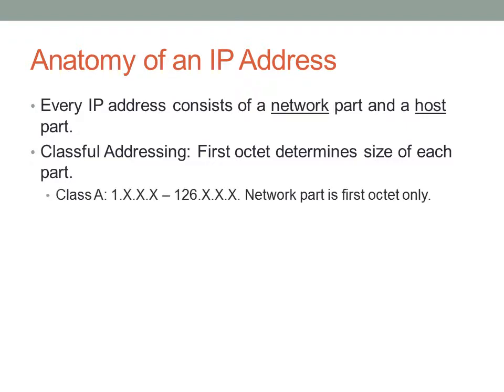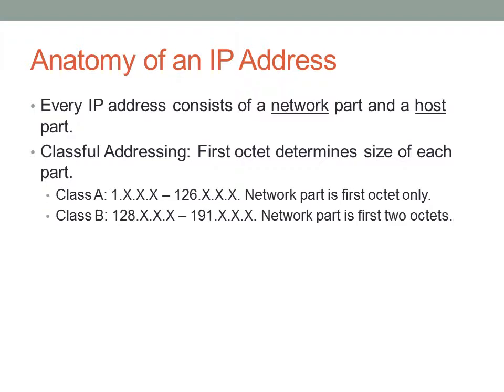So for a Class A address, the number at the beginning will be a number between 1 and 126. And if this is the case, then the network part is actually only the first octet, that number 1 to 126. And the other three octets, the last three numbers in the IP address, will be used for hosts.